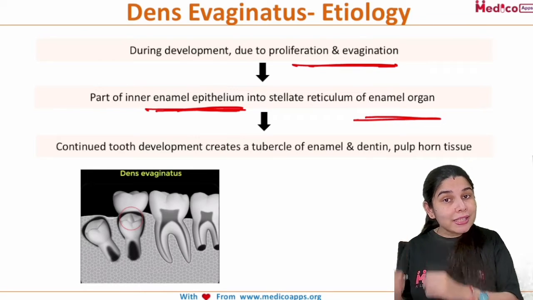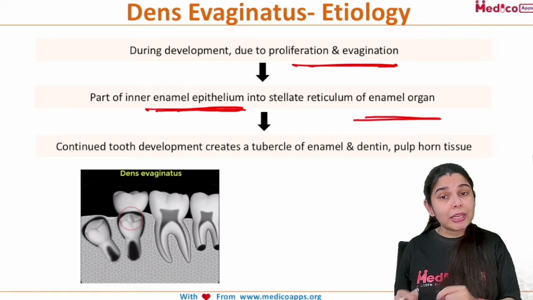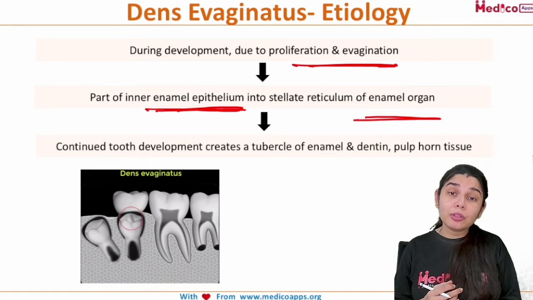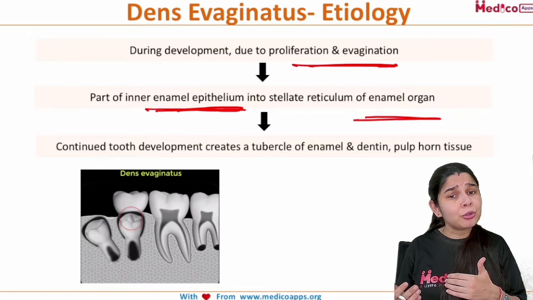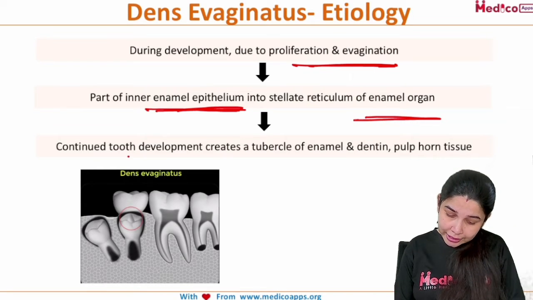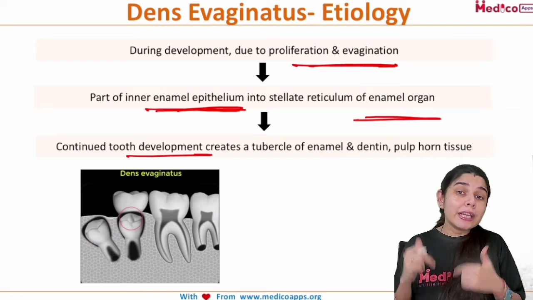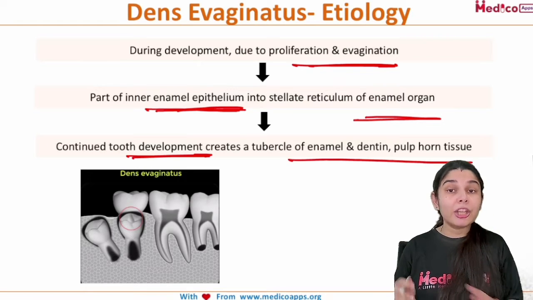Once this happens, the tooth still continues to develop, but there is a tubercle of enamel, dentin or pulp horn tissue.